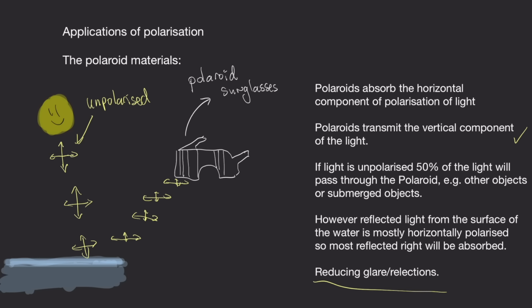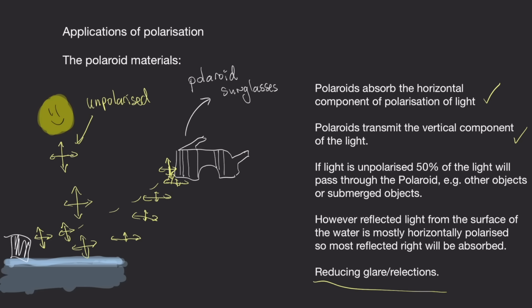If there are other things around here, let's say that there's a piece of rock or something like that, I know this looks like a square, but if there's something over here, then the light from it will not necessarily be horizontally polarized mostly, and we'll be able to see this with approximately only 50% drop in intensity, because only the component that is horizontal is going to be absorbed, and we still have quite a large vertical component. So to sum up, the Polaroids absorb the horizontal component of the polarization of light.